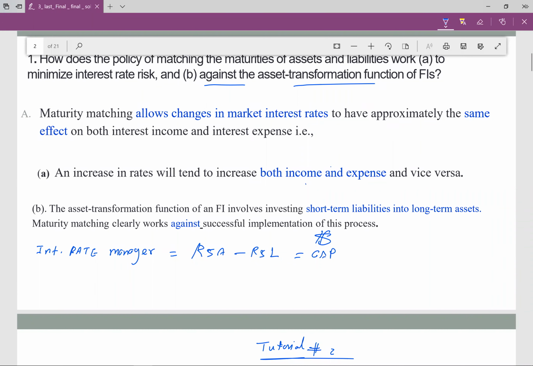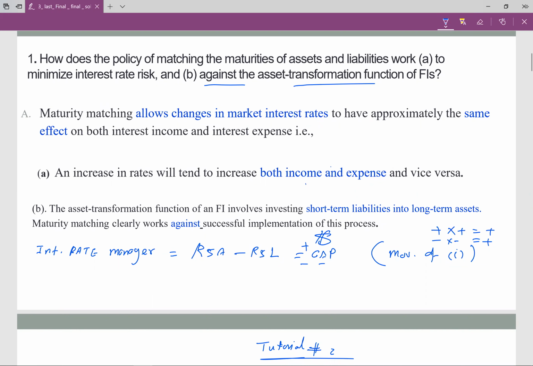And this gap I will control according to the movement of the interest rate in the market. If it is going up, I want this to be plus. If the interest rate is going down, I want this to be minus. So there is no impact on my net interest income, as I told you, because plus times plus equals plus, and minus times minus equals plus. So this is all my concern, to control the gap, because then I have to calculate it with the changes in the net interest income.